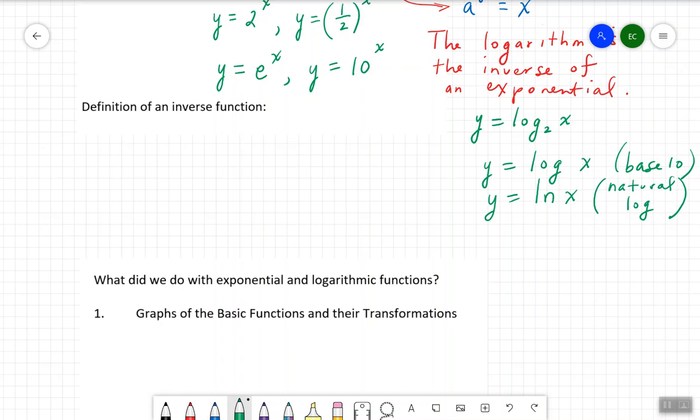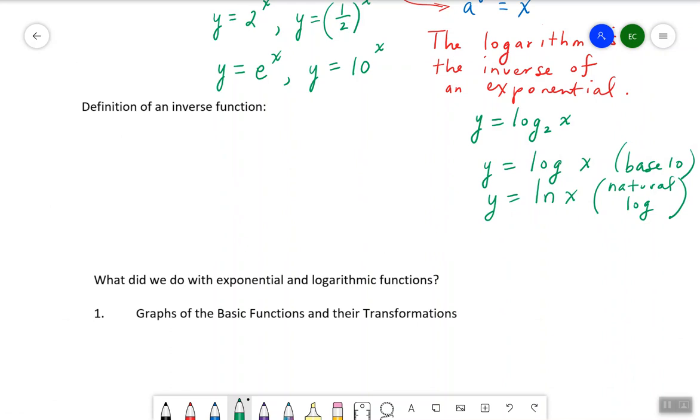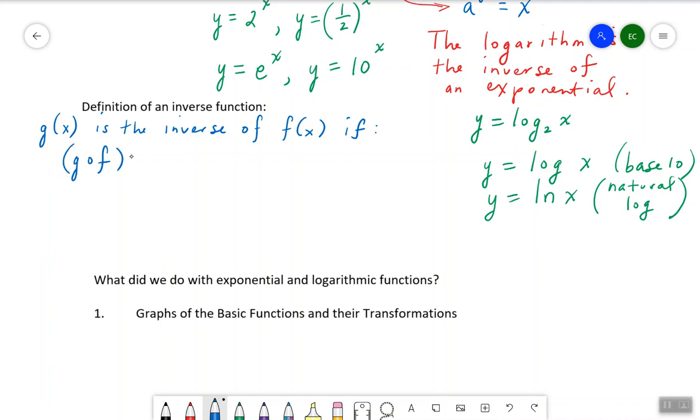We had a definition of an inverse which said that g of x is the inverse of f of x if g circle f of x is equal to x and f circle g of x is equal to x.